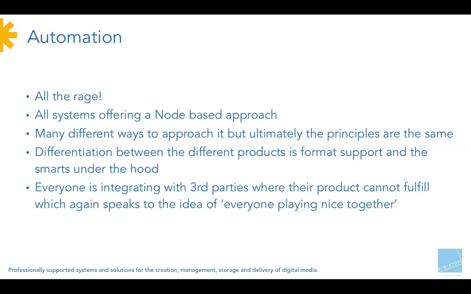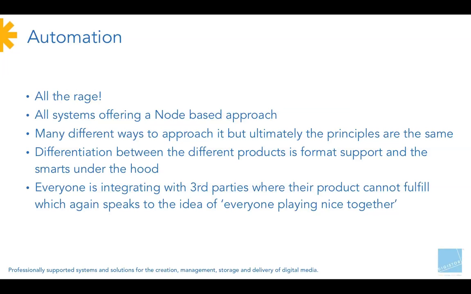The simplest way of doing it is through the GUI interface. You can do things via command line, depending on how much you want to nerd out on that. There are many different ways of approaching the automation side of things, but the principles are pretty much exactly the same. Take material, affect it in some way or in multiple ways, and then push it out.